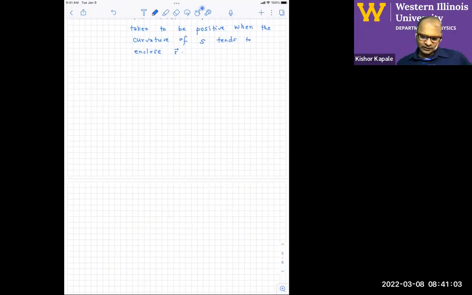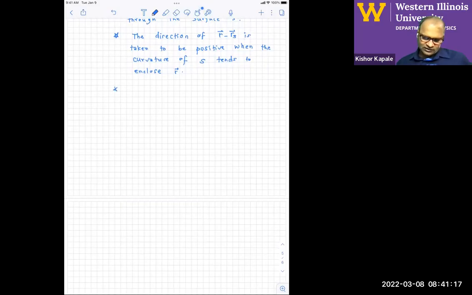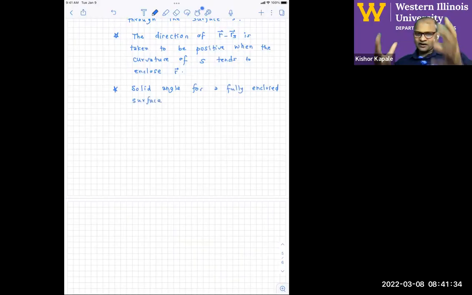Now there is a little bit of a poll for you. I'm going to draw two surfaces and an observation point, and then you have to tell me what the solid angle is for those. Now, the solid angle for a fully enclosed surface like a spherical shell, does anybody know what that is?